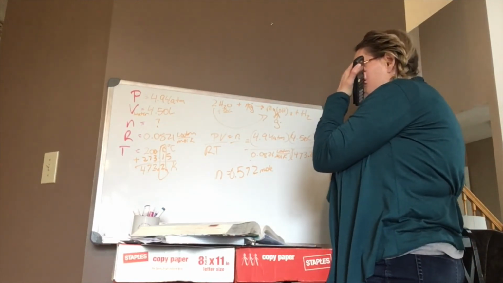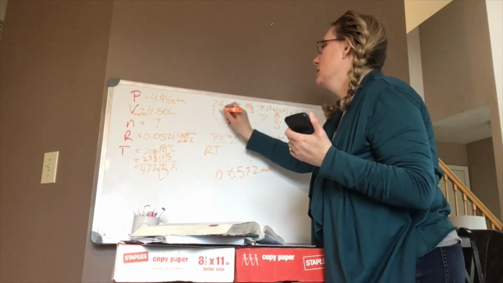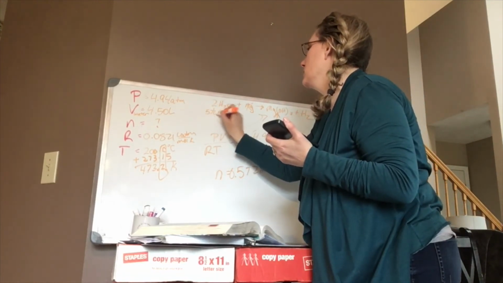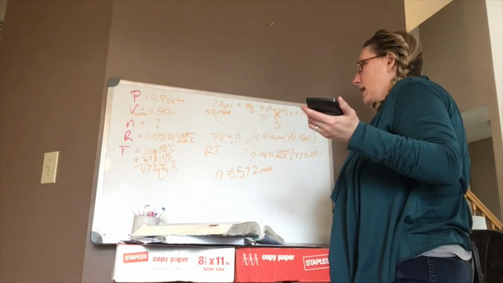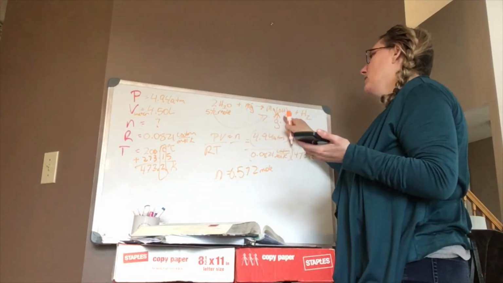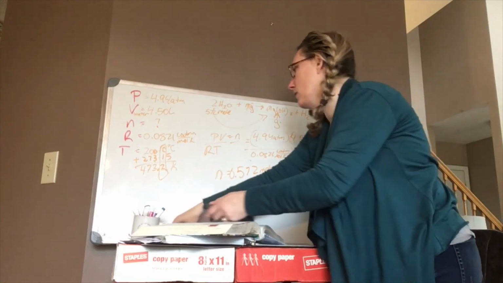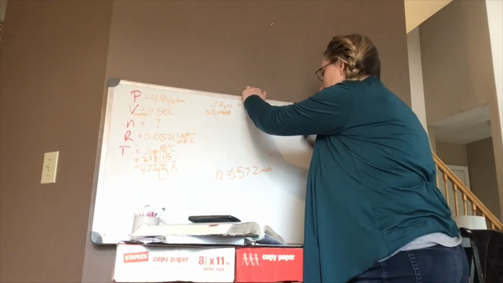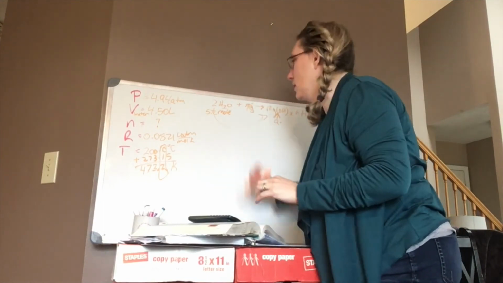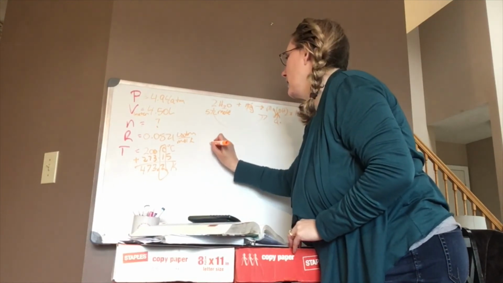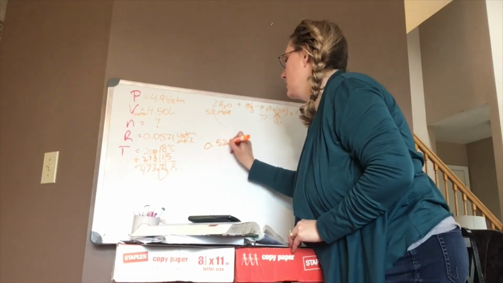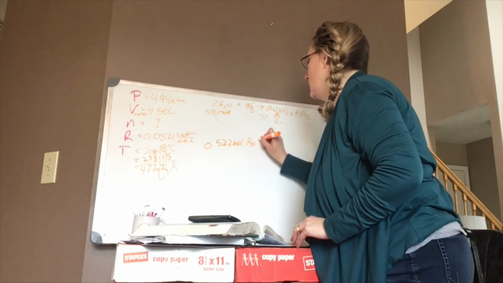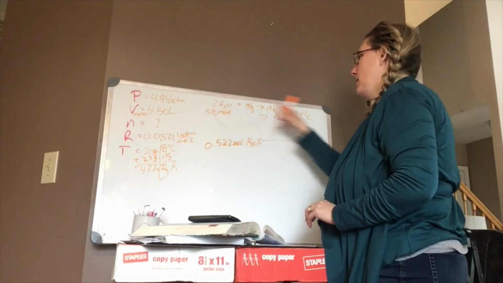Okay, so that tells me how many moles of this I have. 0.572. But they didn't want that. They want to know how many grams of this I have. So now I have to go back in my brain and remember how to go there. So remember, if I have 0.572 moles of H2O, I'm going to do a ratio from the balanced equation.